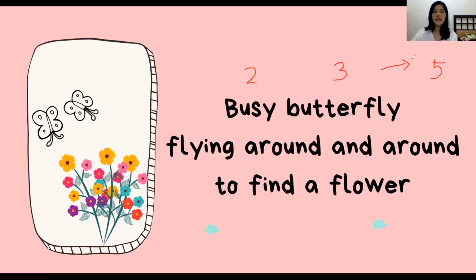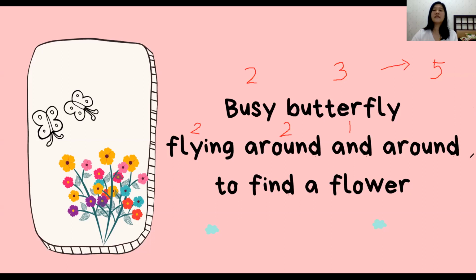Now, how about the second line? Flying. There are 2. Around. There are 2 also. And. Oh, it's only 1. How about another around?